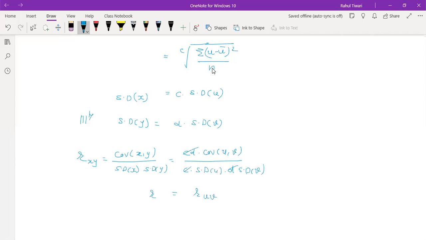So what we found? When you do a shift of origin and change in the scale, the correlation between the new variables is not affected at all.